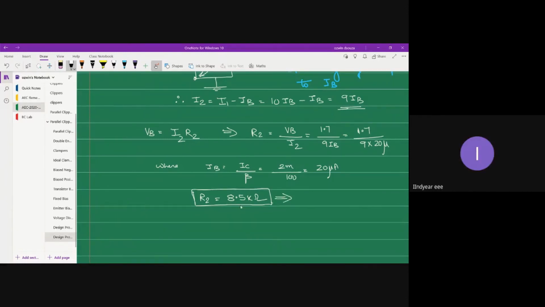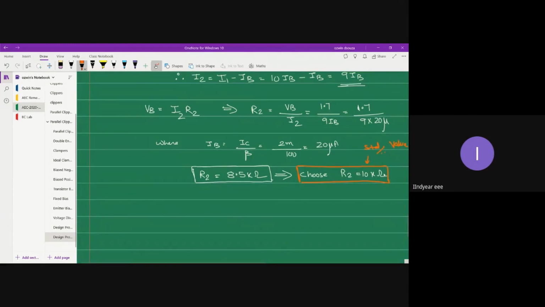So again, you don't have exact 8.5 kilo ohm resistance, hence you can choose R2 equal to 10 kilo ohm. Round it off. This is your standard value. If you want exact 8.5K, then you may have to use several resistors in combination to get the precise value of 8.5K.